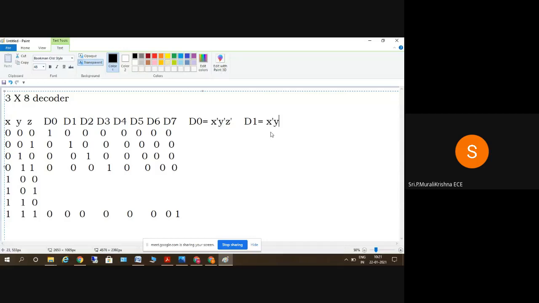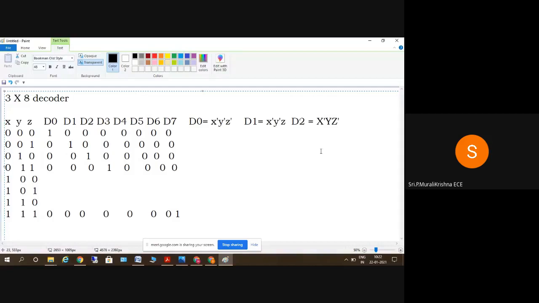We have the remaining equations; write them and draw the diagram. D2 is equal to X bar Y Z bar. Note the small letters and capital letters.